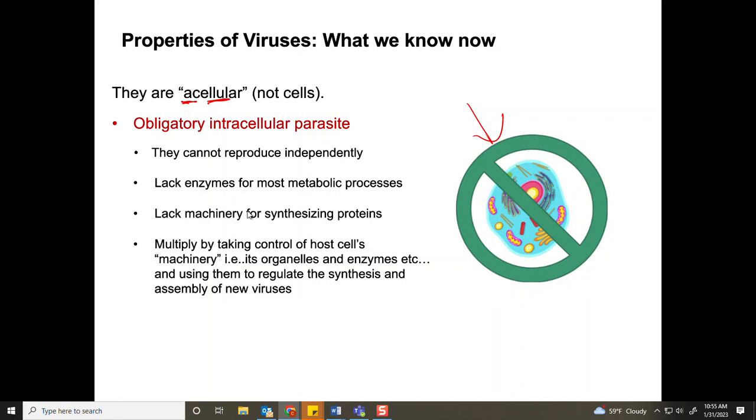They don't have machinery for synthesizing proteins like ribosomes, etc. So what they do is they take control of the host cell that they infect, and they use its organelles, its ribosomes, its enzymes to help manufacture more viral particles that can ultimately be released to spread the virus. So they are not cells, they are not a living thing.